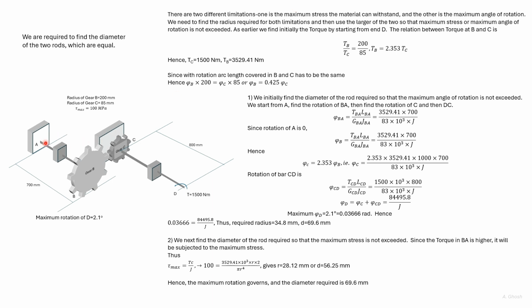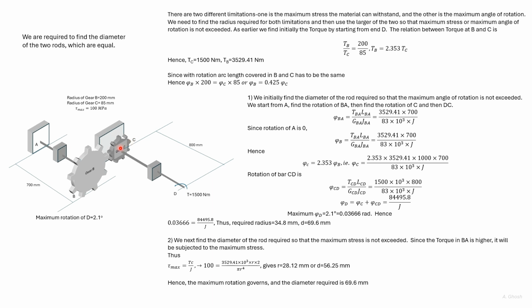We do not know the J of AB, so we find the rotation in terms of J. So here phi BA is given as the torque in AB multiplied by the length divided by G into J. Since the rotation at A is 0, this is the phi at B. The phi at C would be 2.353 times the phi at B. So multiplying, we get phi C in terms of J.